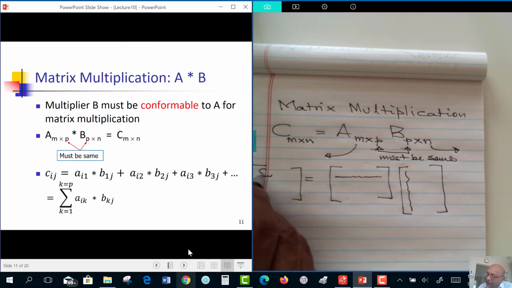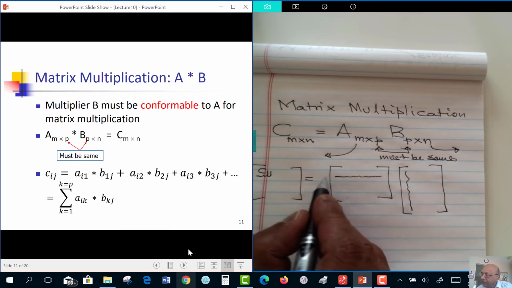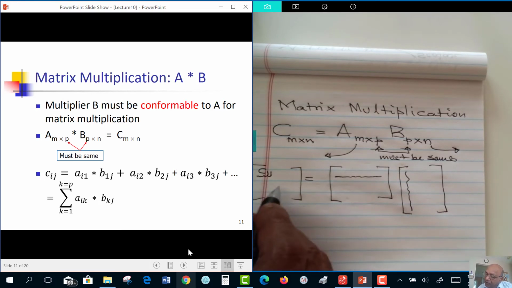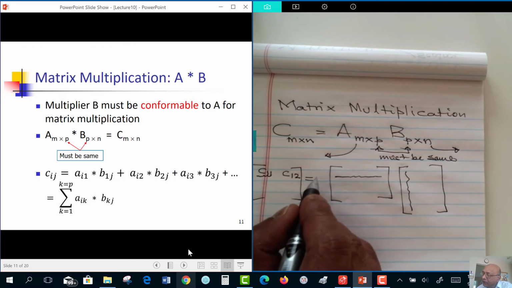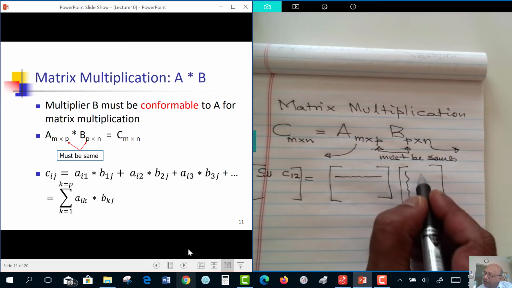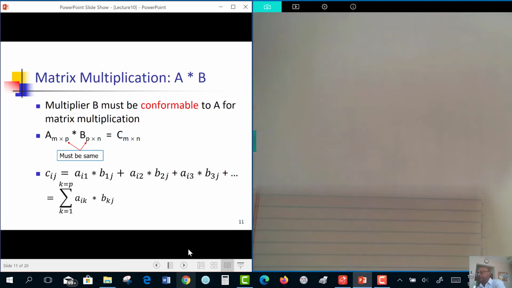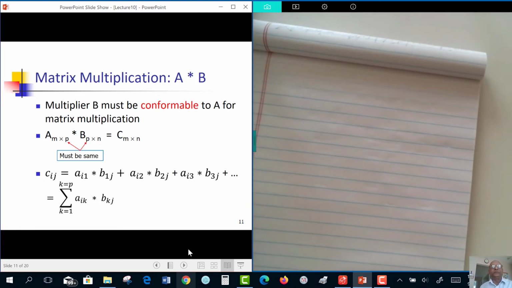So if we want C11, we take the first row of A, multiply it by the first column of B. If we want C12, we take the first row of A, multiply it by the second column of B, and form pairs. So let's see an example.